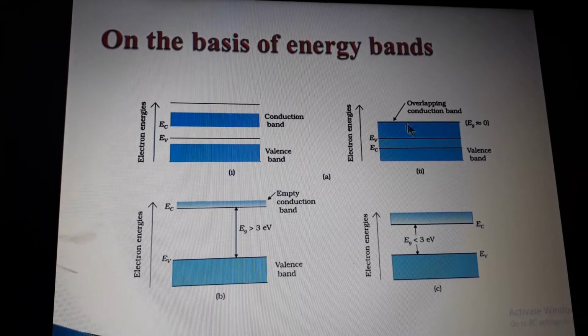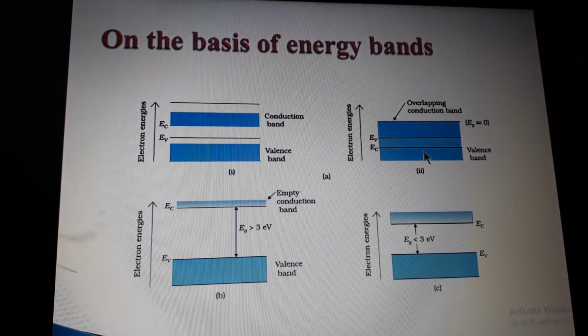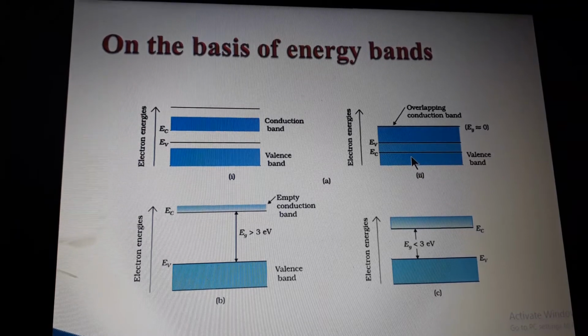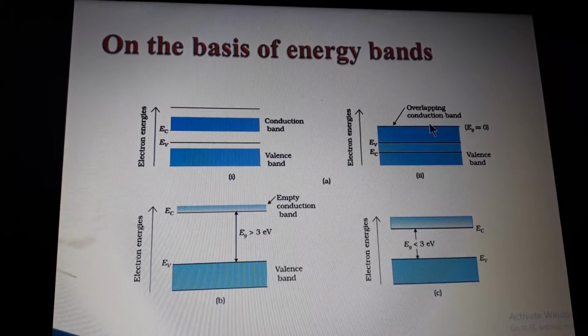So due to free electrons in the conduction band, there is conductivity, meaning current flows through this device. So that is called a conductor. And this energy is easily available at room temperature. So this one is a conductor.